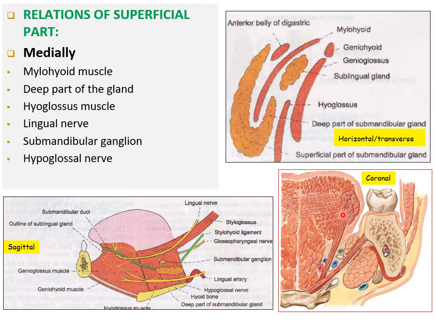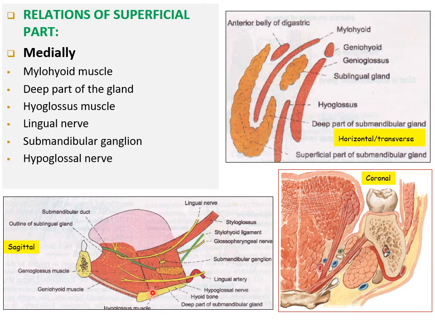In addition, you can also see the nerves and a ganglion medially, which you will understand in the sagittal section. This is the sagittal section. Here you can see the mandible and the hyoid bone.